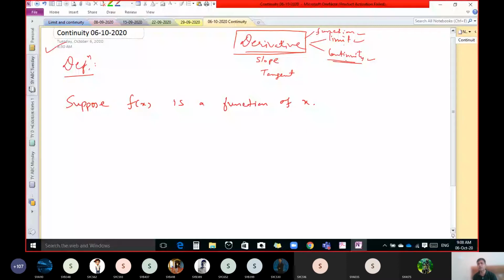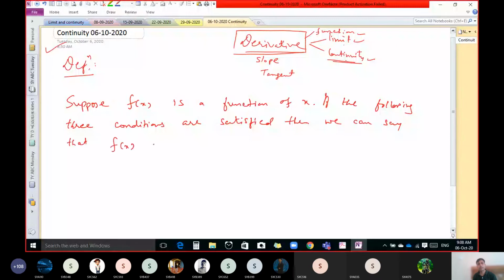If the following three conditions are satisfied, then we can say that f of x is a continuous function at x equal to a.